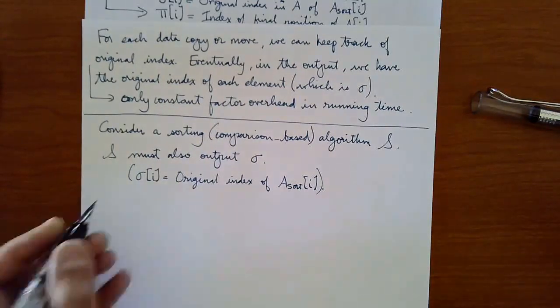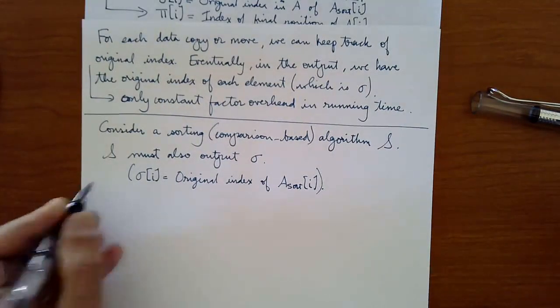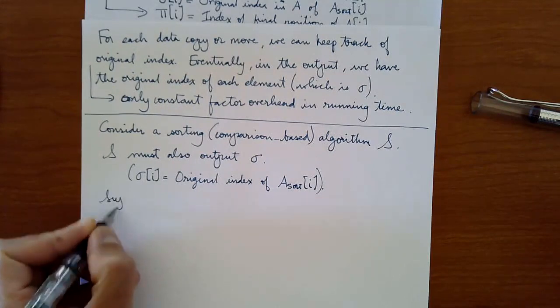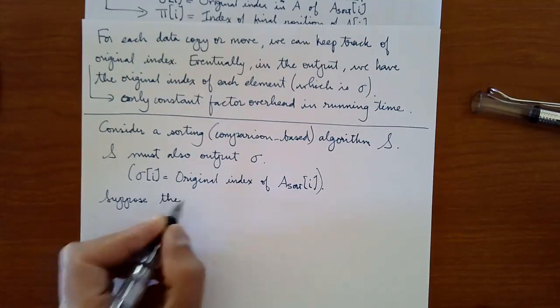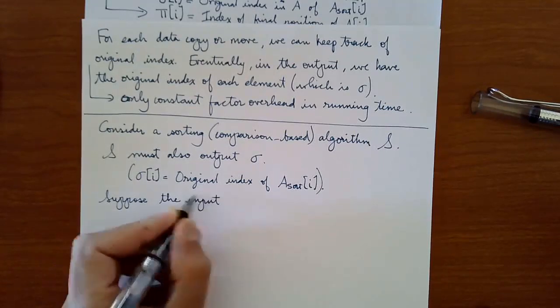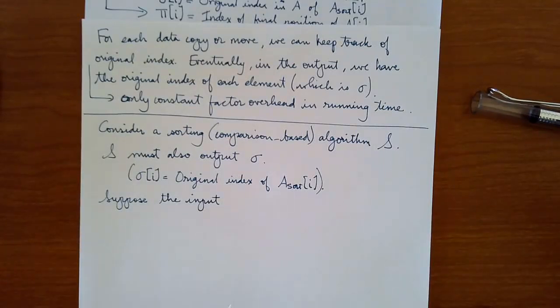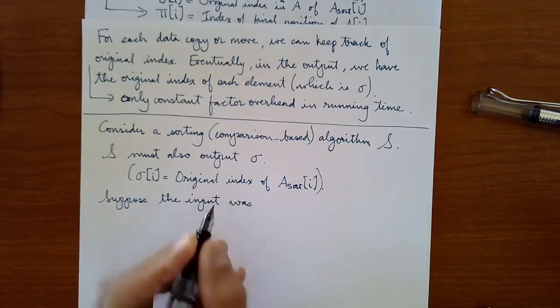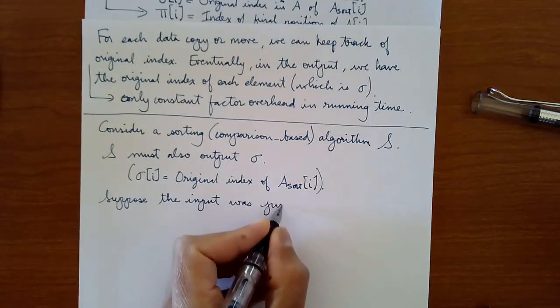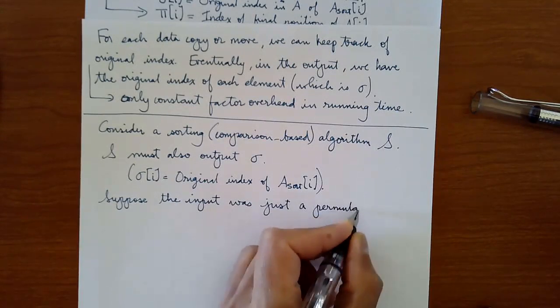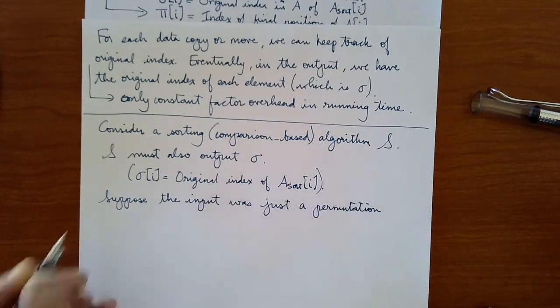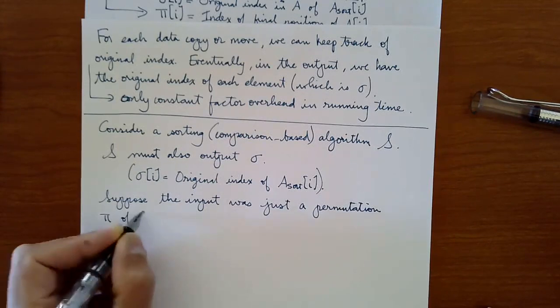Okay, now suppose the input was just a permutation pi of 1 to n.